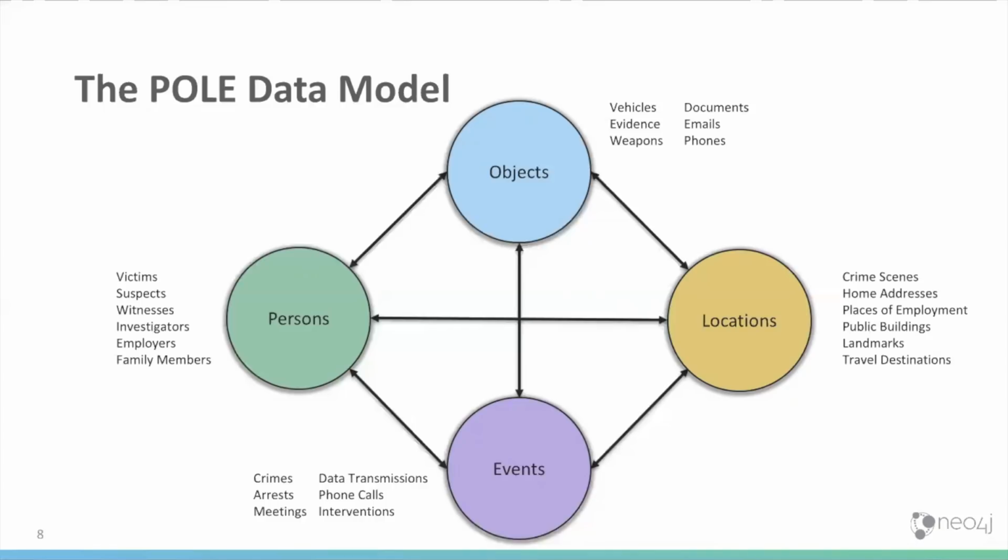Objects and events: vehicles or weapons could be involved in a crime. A phone could be associated with a phone call event. Locations and events: crimes happen in a location. So what we're looking at here is a very richly connected set of data entities that have various relationships to one another.